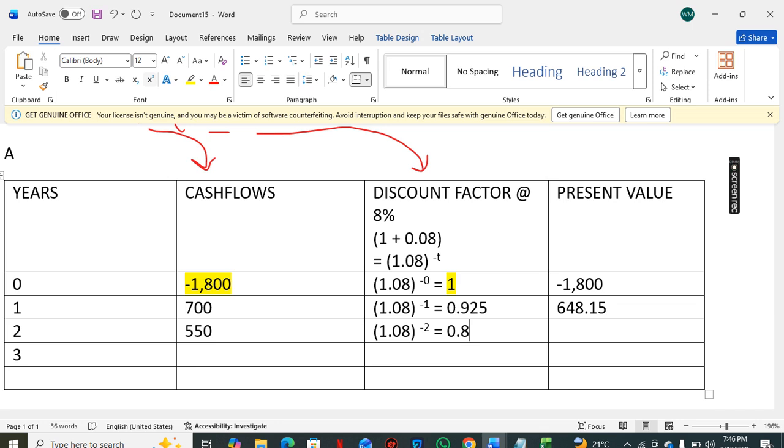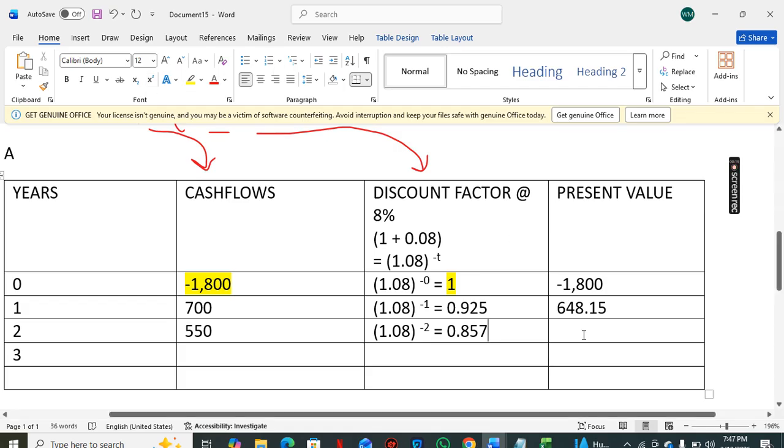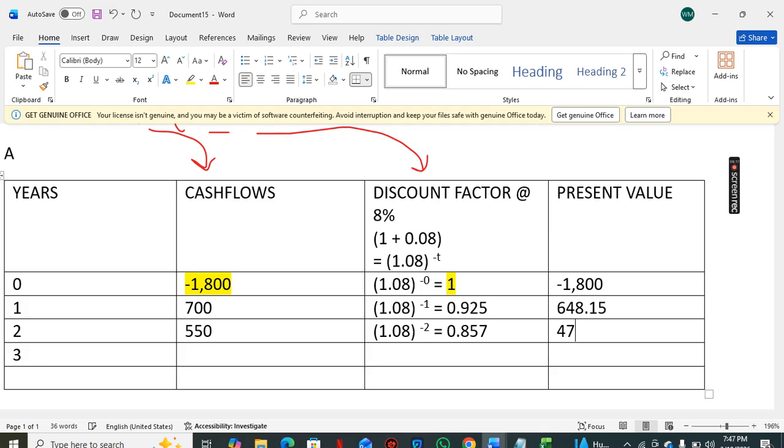As I said, with mathematics, always have your calculator nearby. So we multiply that by 550, that's 471.534.